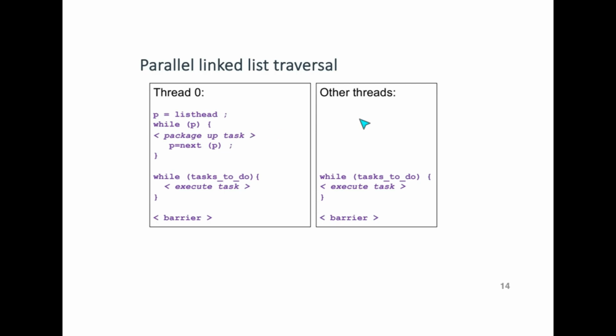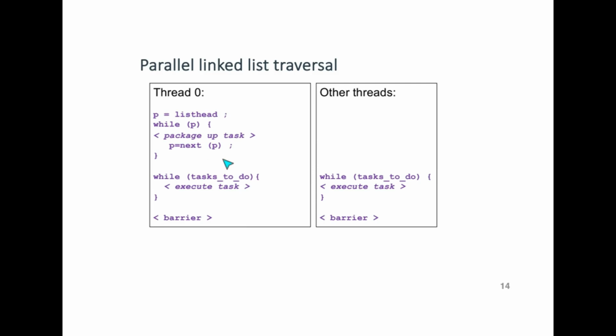Meanwhile, other threads are available to execute, so while there are tasks available, other threads can be executing them. Most likely, thread 0 will finish generating the tasks before they're all complete, so it's then free to join in and execute tasks as well.